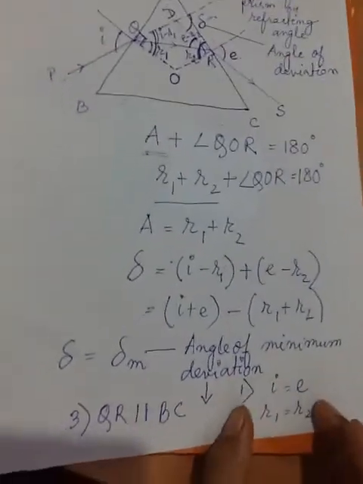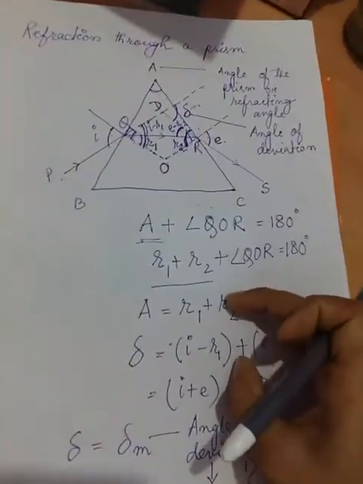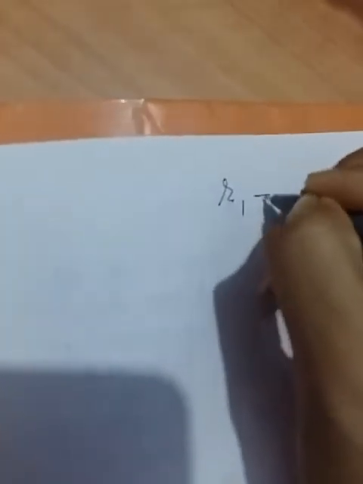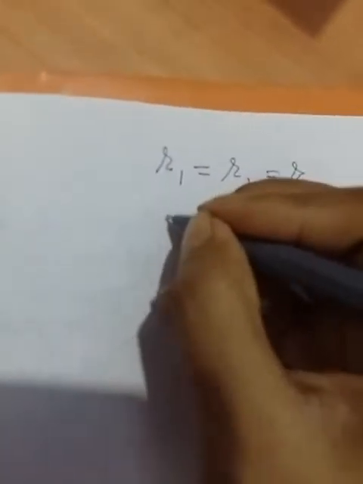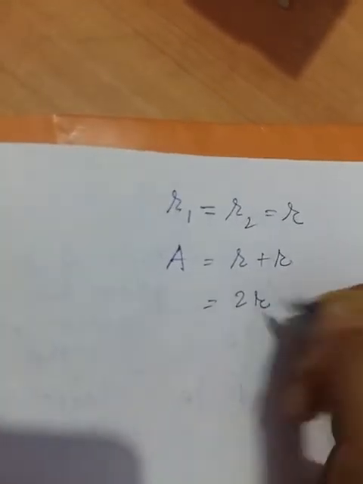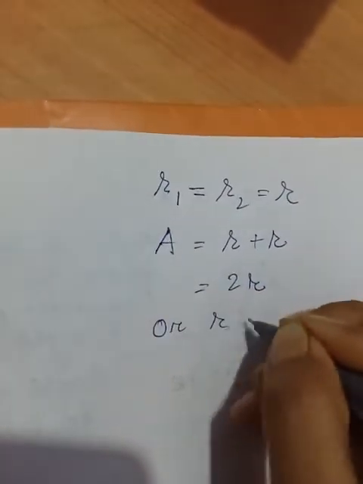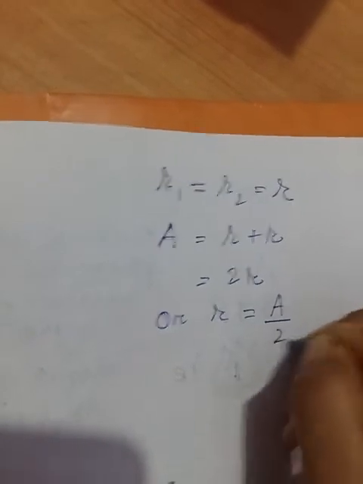Now we apply these conditions in the two equations. Since R1 equals R2, let R1 equals R2 equals R. Then A equals R plus R equals 2R, or R equals A by 2.